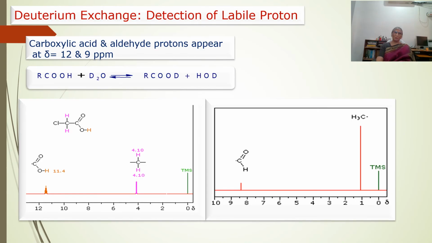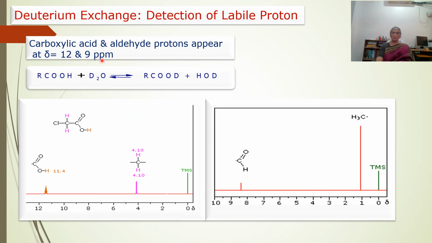We know that the carboxylic acid proton is a labile proton. And when the NMR spectrum of an acid is taken in the presence of deuterium oxide, there is a rapid exchange of the acidic proton with deuterium.